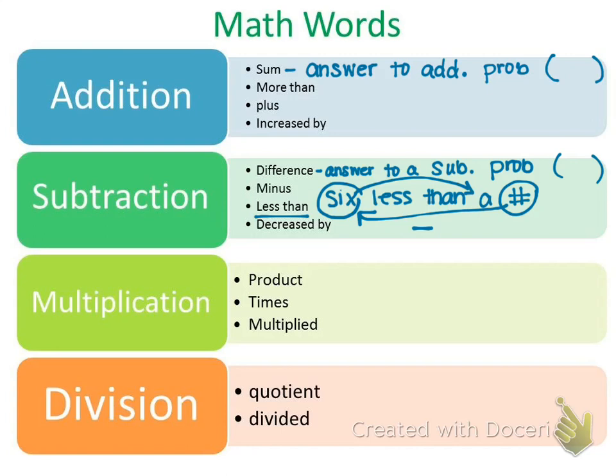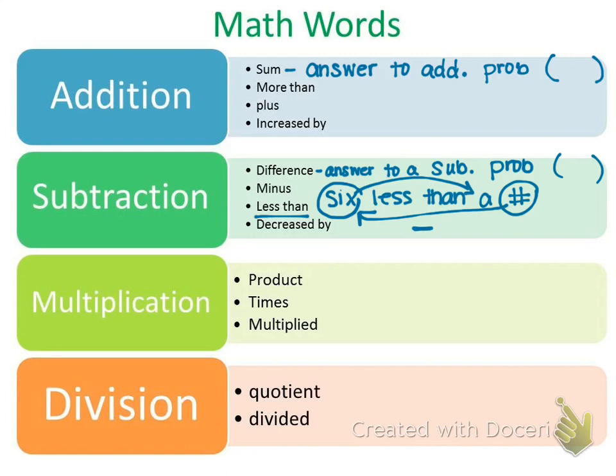Negative 3. Two totally different answers, okay? So the order when I have subtraction matters. The only word in subtraction that means I have to actually flip it is less than. So anytime you see the word less than, some big old red flag should be going off in your head going, switch it, whatever's first has to go second, whatever's second has to go first.